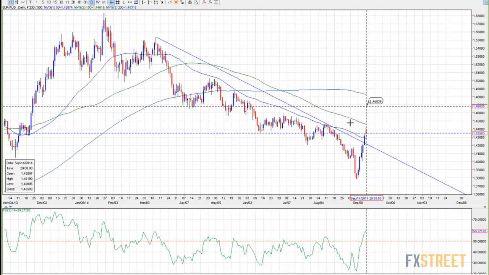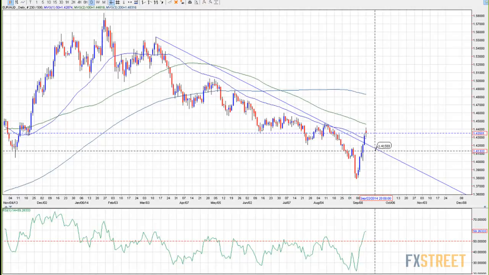So I feel like, if we're gonna buy the euro, we want to buy it against the Japanese yen, but maybe not the U.S. dollar, for example, and maybe not the Aussie, but we'll see. Let's see how this breakout ensues.